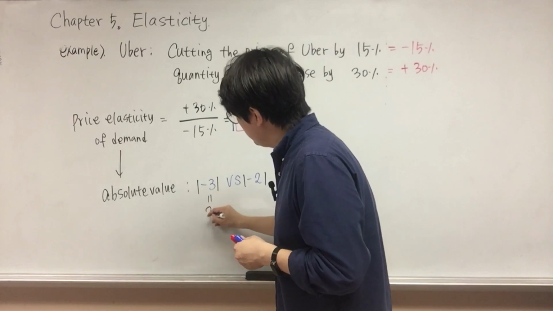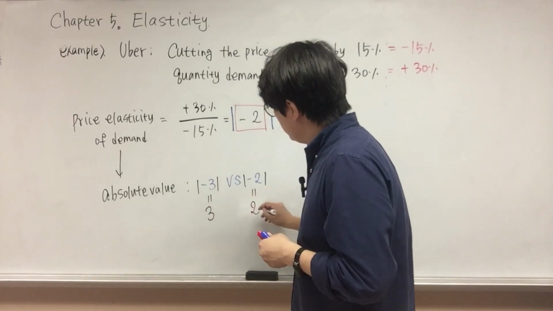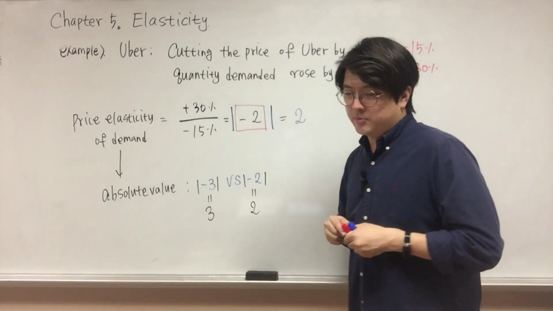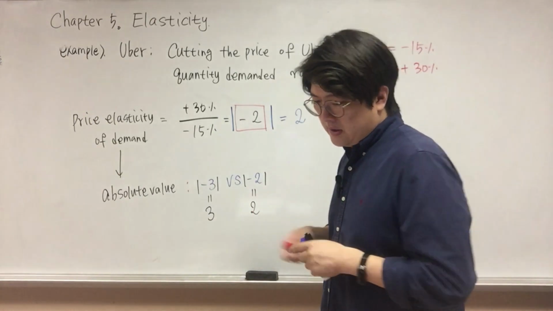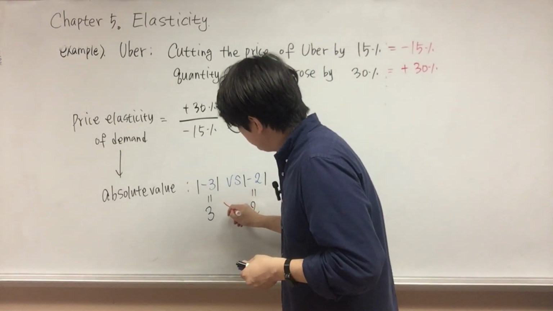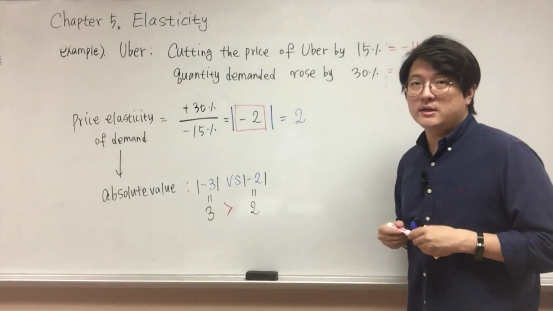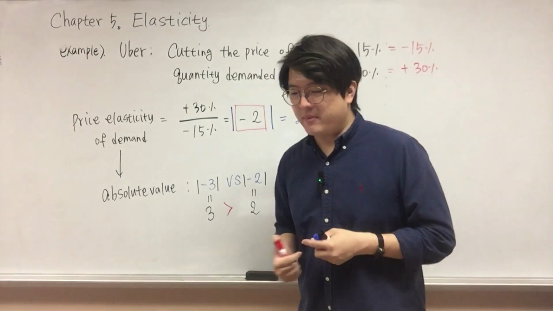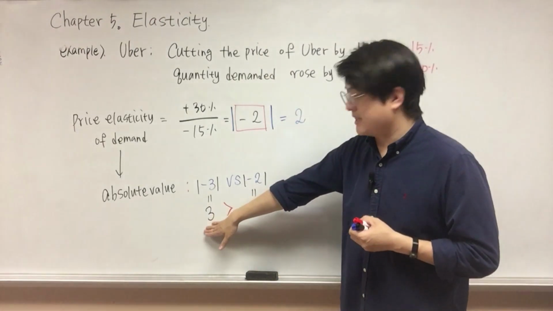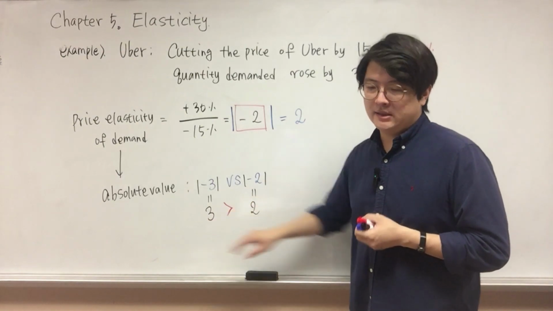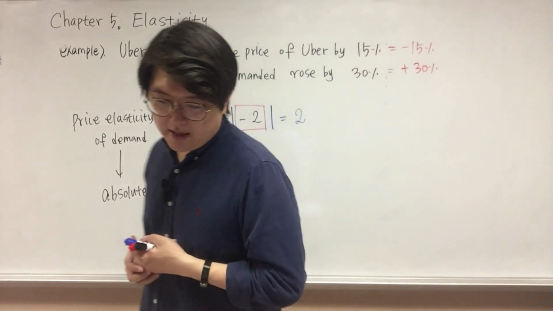This one is 3, this one is 2. So if we get the absolute value, 3 is greater than 2. So it means that the price elasticity of demand on the left-hand side is bigger. So let's remember this one.